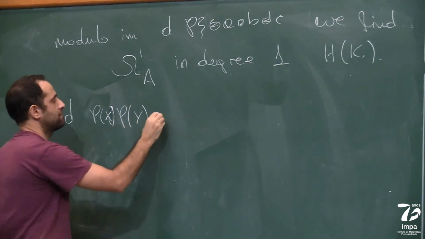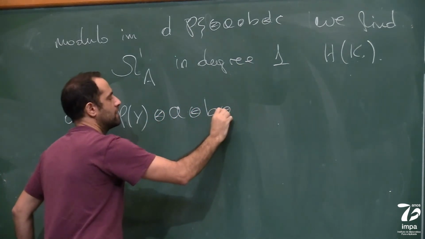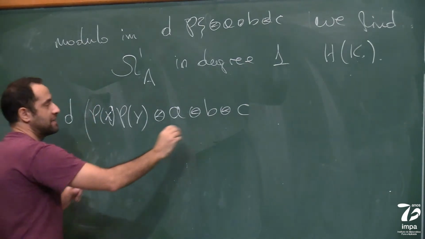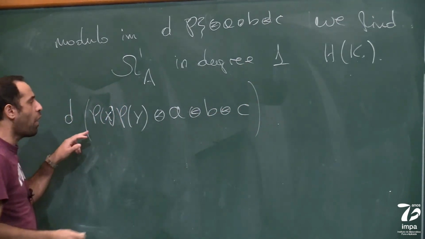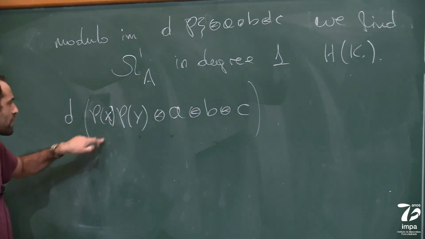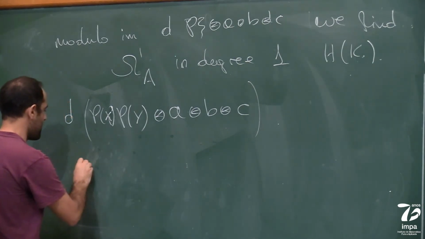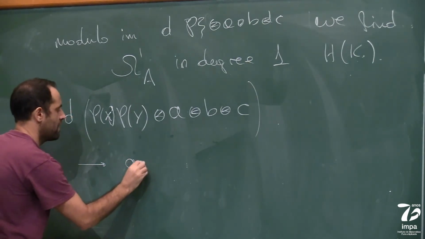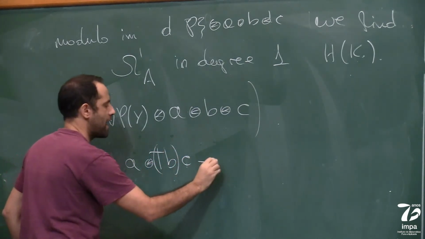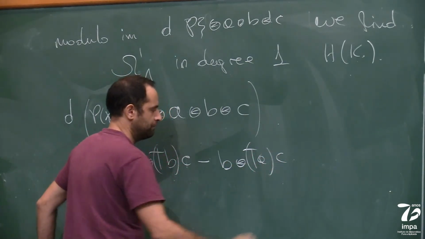You can take P of x times P of y, tensor A, tensor B, tensor C, and you compute the homology of the differential of this explicitly by taking residues, and you only care about the singular part of this function, which is 1 over x squared, 1 over y squared. So you immediately see from here, you get something of the form A tensor T of B times C minus B tensor T of A times C.